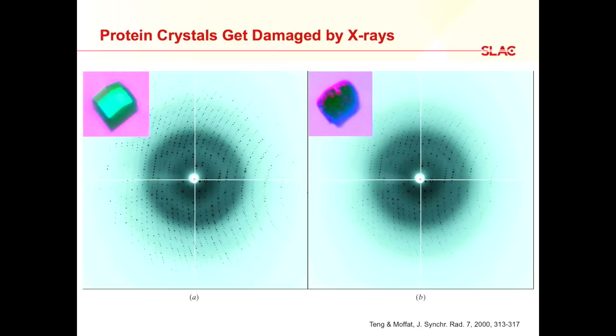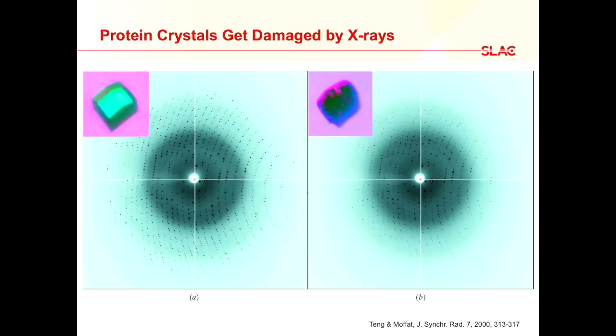And this is what we see at such a synchrotron source. As you expose the crystal longer, it starts to get destroyed. This is what happens after a while, where it clearly has changed. You've clearly damaged the sample, and the high angle intensity spots disappear. You see these spots here go to a much higher angle from the center, and those start to disappear.